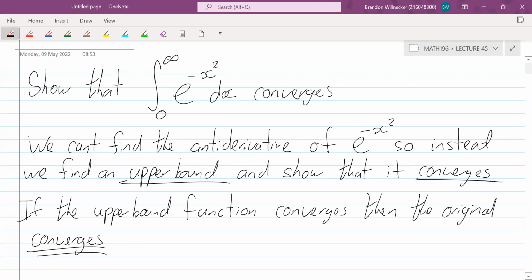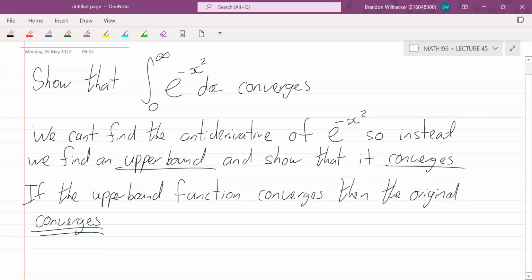We're trying to find an upper bound function that's a lot simpler compared to what we have at the beginning. So e to the minus x squared, that's pretty complicated. But if we can rewrite this as e to the minus x, okay, if we can show that that's an upper bound, then that's a lot better.